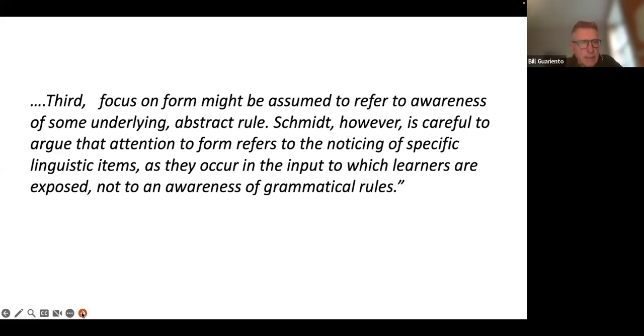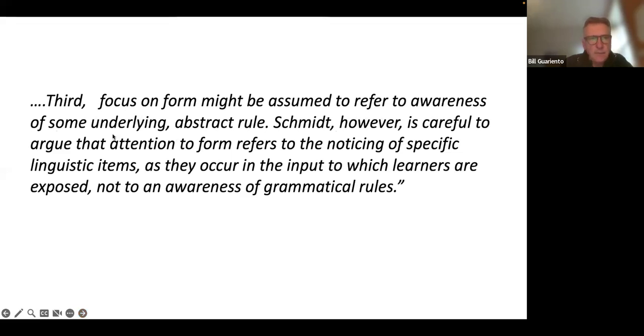Just take a second to read it quietly. So the third definition of form is that focus on form might be assumed to refer to awareness of some underlying abstract rule.